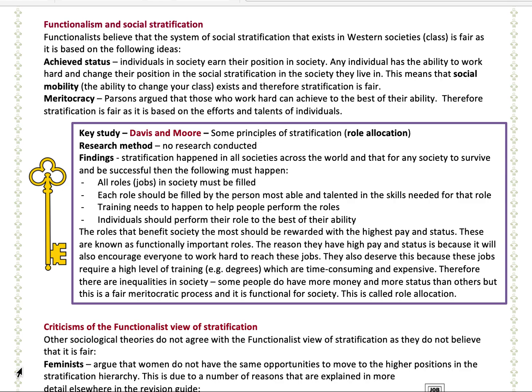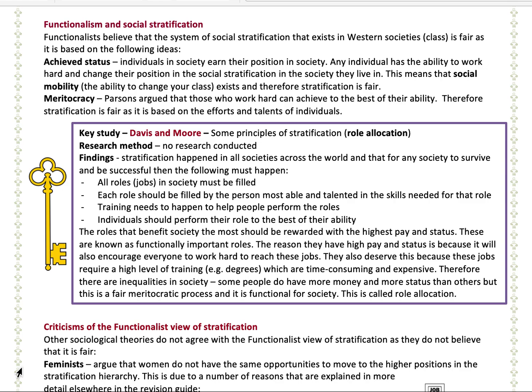Parsons is a sociologist that talks about meritocracy, but Davis and Moore add to this and refer to the idea of role allocation. This is the idea that stratification is essential. All different jobs in society need to be filled, and they need to be fulfilled by the correct people.